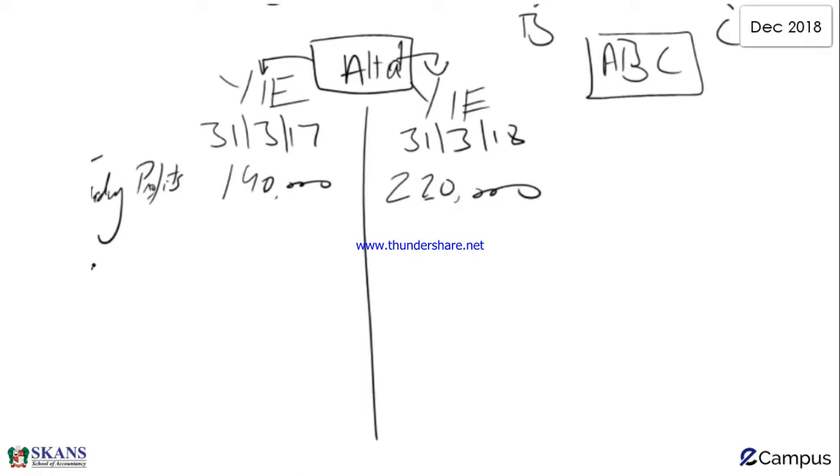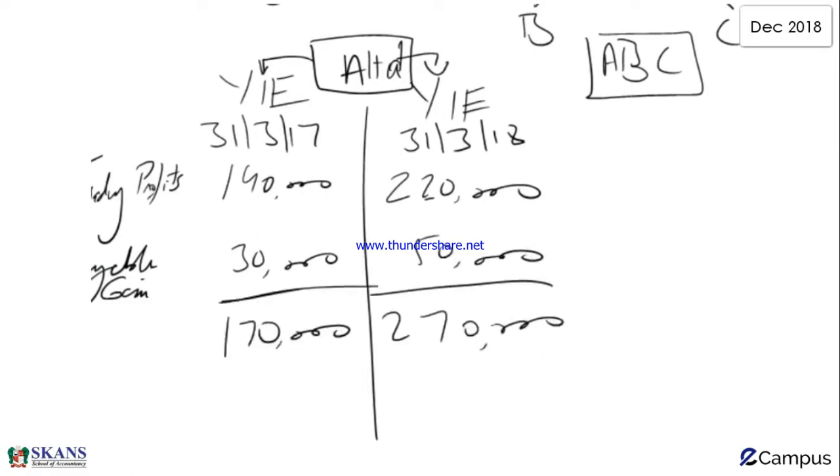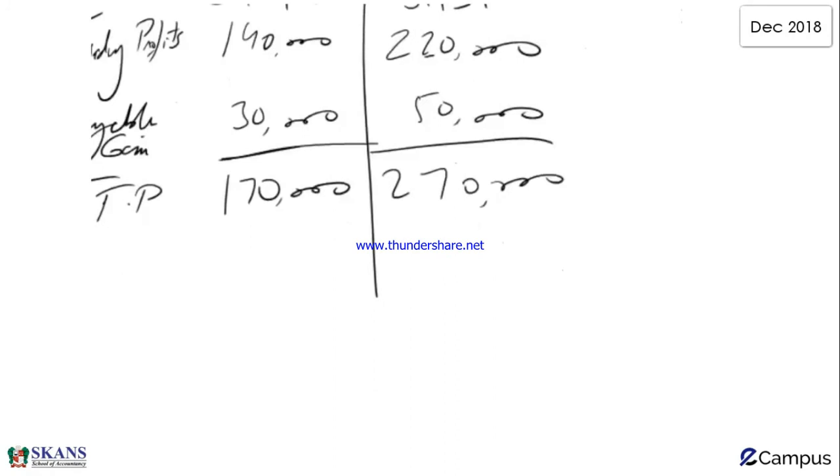Then there were certain chargeable gains earned by A Limited of, let's say, 30,000 and let's say 50,000. All right, so we have taxable total profits of 170,000 in the first accounting period and 270,000 in the second accounting period.